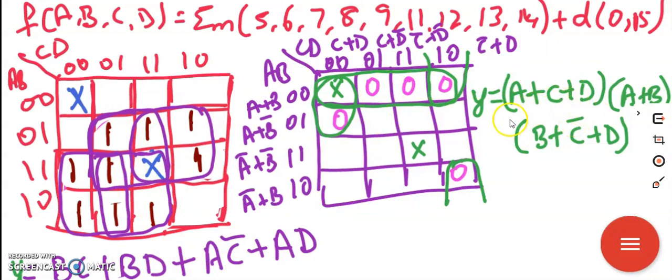Now one more method in order to solve this POS. Instead of writing zeros in these locations, I'll write ones only in these locations, and then the result will be in terms of AND operations, because once it's an SOP, I'll be getting the result for this POS expression in terms of SOP.